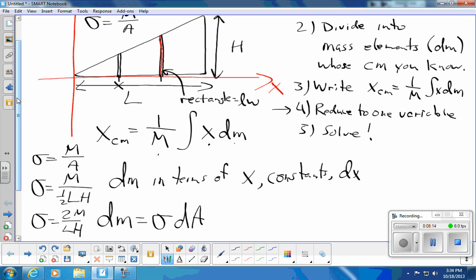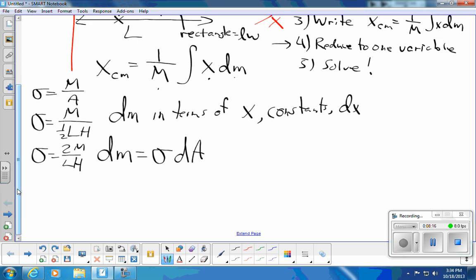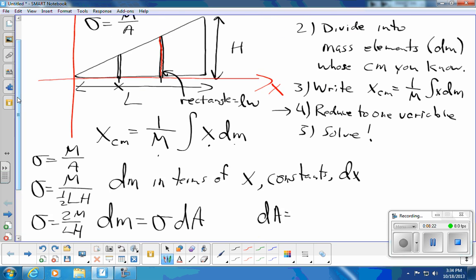This is getting cluttered up here, so I'm going to write this down here. dA is length times width of that rectangle. Okay, what's the length? What's the width? I never remember which one's length, which one's width. I'm going to call the length the right to left. How far is this thing from right to left? Infinitely thin. That length, if you will, is dx. It's a tiny, tiny step along the x-axis. That's the length of the rectangle.